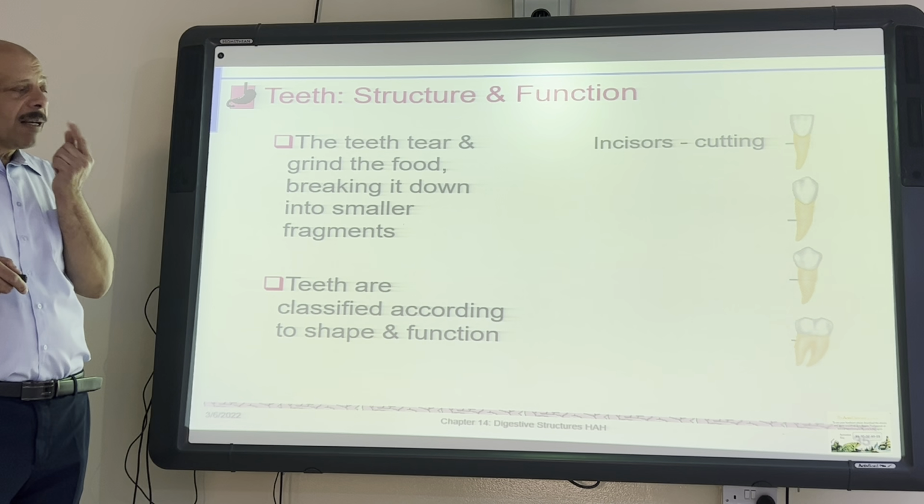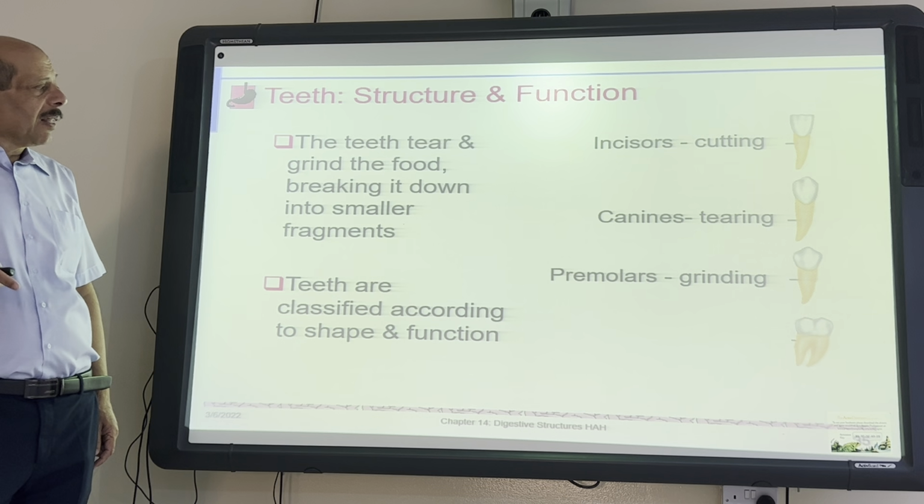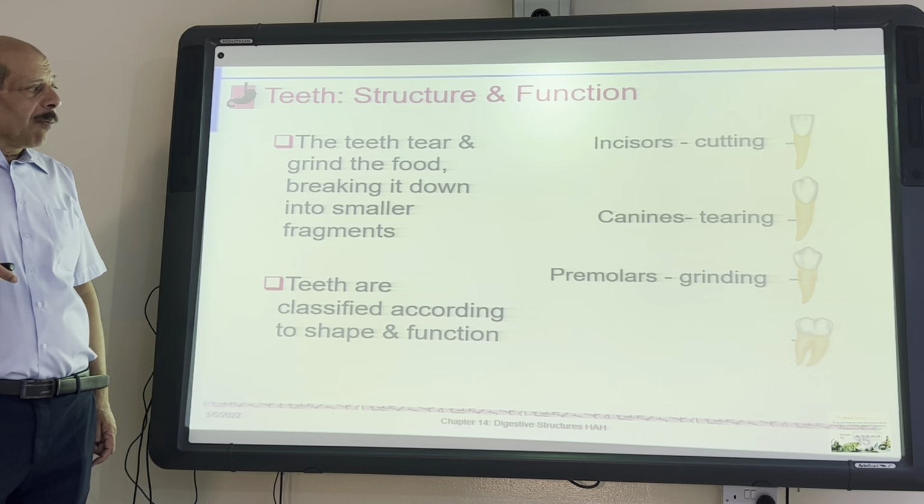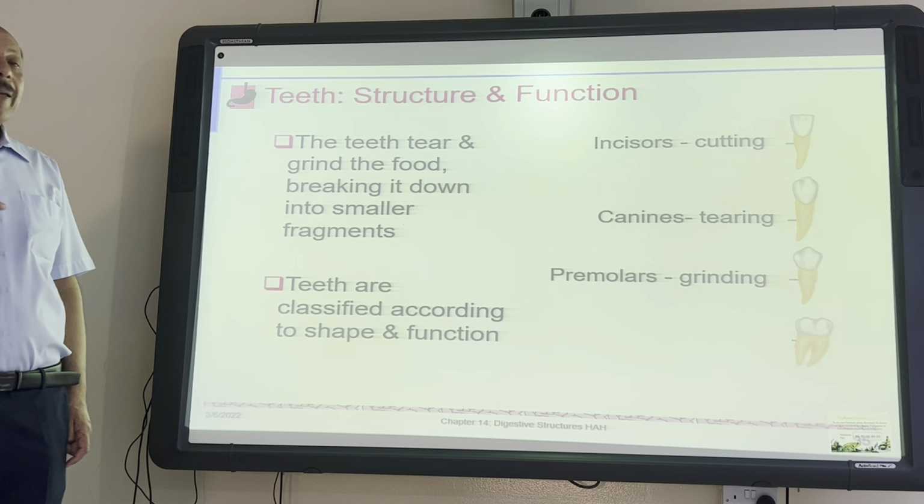The frontal teeth, we call them the incisors, because they are cutting the food. Usually when you want to cut anything, you will put it in front. This is the canine teeth, which come after the incisors. Then we have the premolars, which are for grinding food.